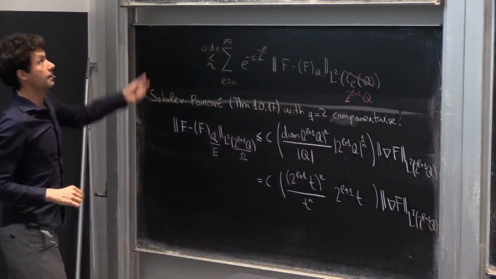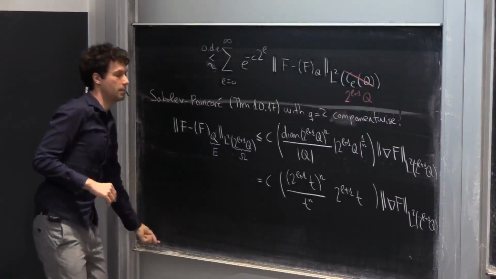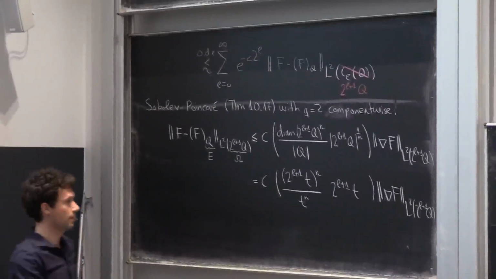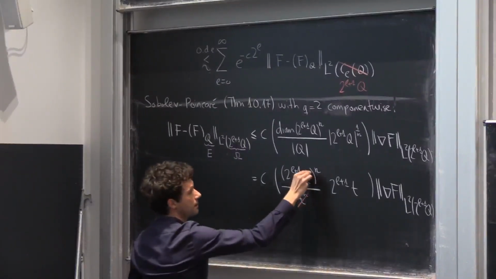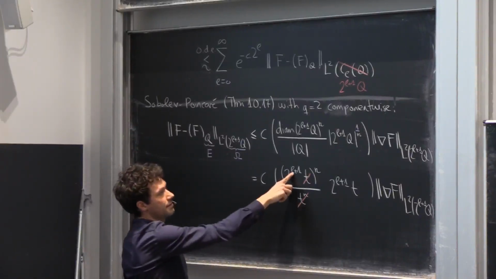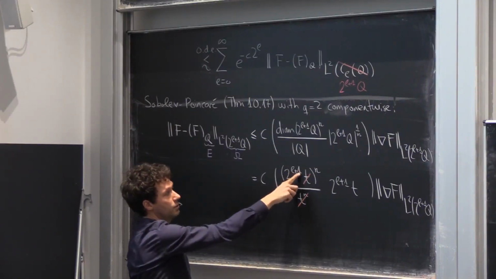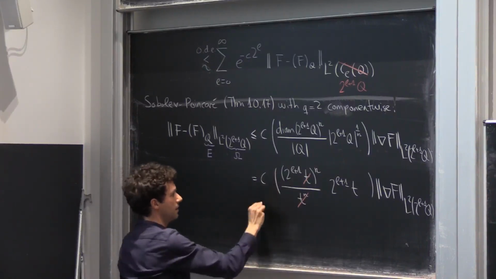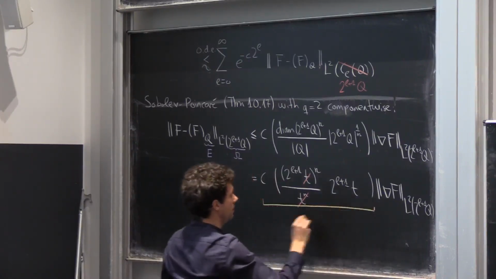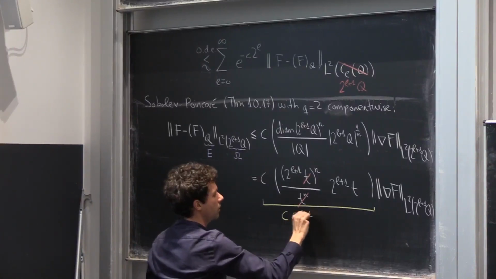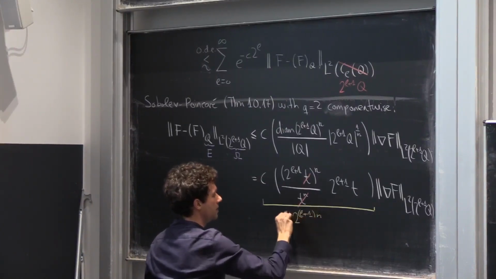Now let's move the blackboard up. You see lots of things cancel. For example, t to the n cancels against this t, and everything that is not carrying an n, like 2 to the n, just goes into the constant. So I can say this here is c times 2 to the L plus 1 n times t.